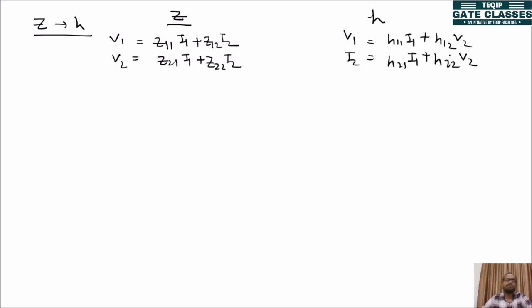Now, suppose you want to have H parameter from Z parameter. Then you want V1 as a function of I1 and V2. In Z parameter equation, you are getting V1 as a function of I1 and I2. We don't want I2 here, we want V2.